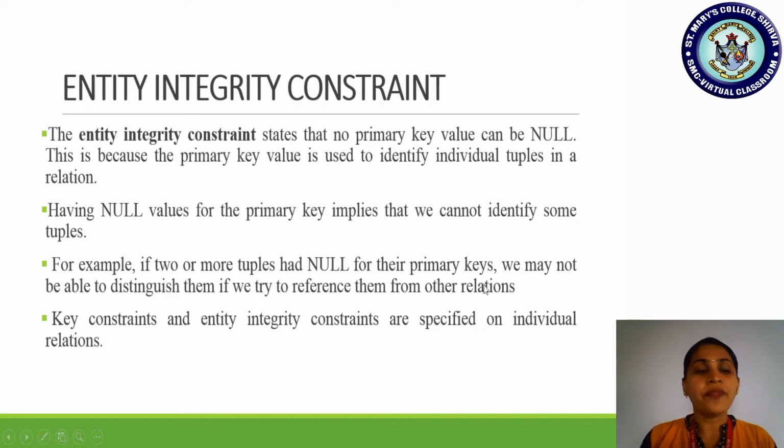That is the thing. Key constraints and entity integrity constraints are specified on individual relations. Whatever integrity constraints we are speaking of, no primary key value can be null. So how do we attach these definitions?